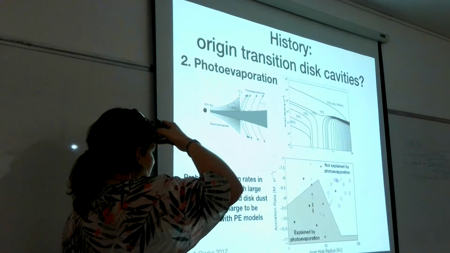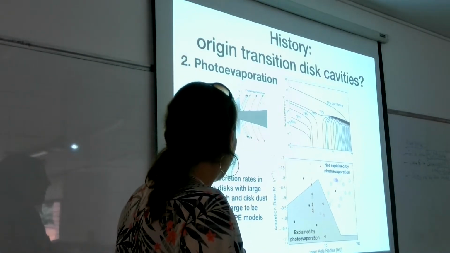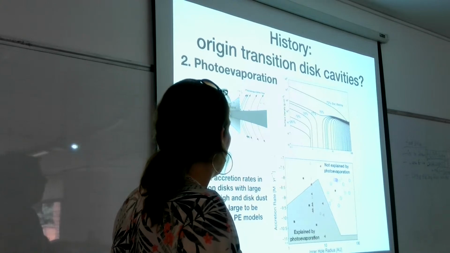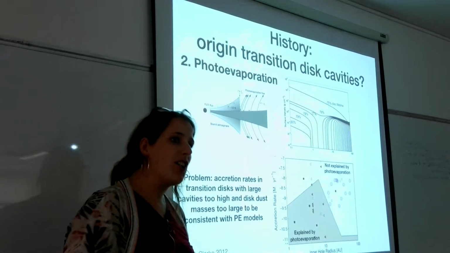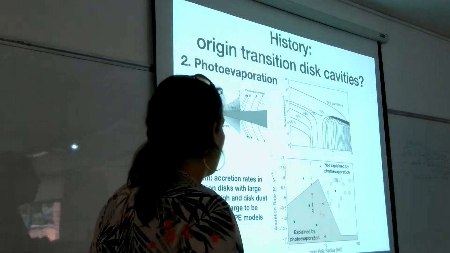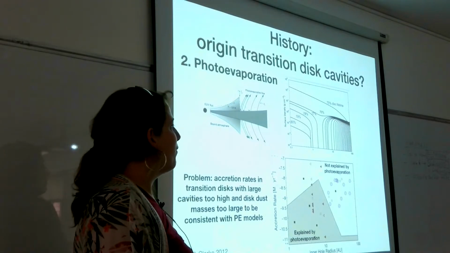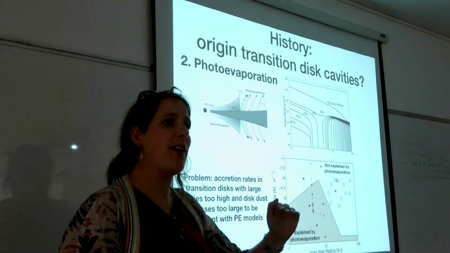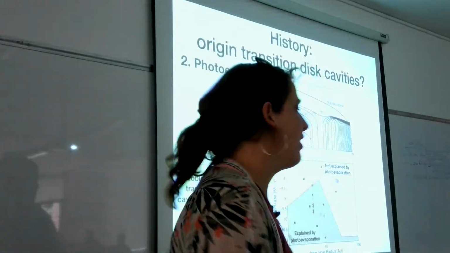However, there are many studies about this topic. It seems like the majority of the transition disks, at least these large transitions with cavities of more than 20-30 AU, cannot be explained by photoevaporation because their accretion rates are essentially too high to be consistent.